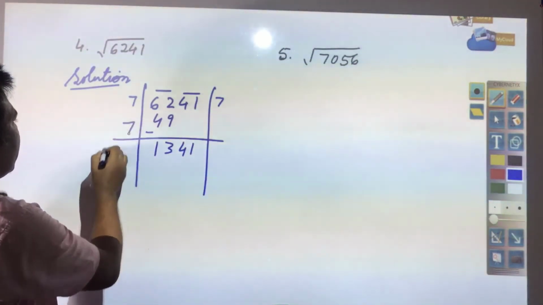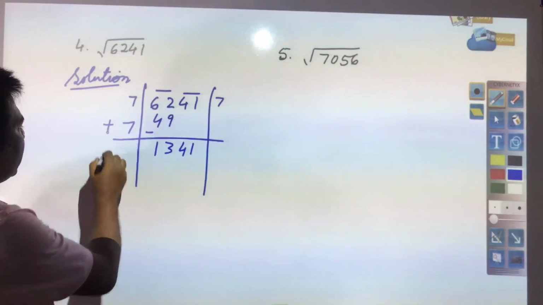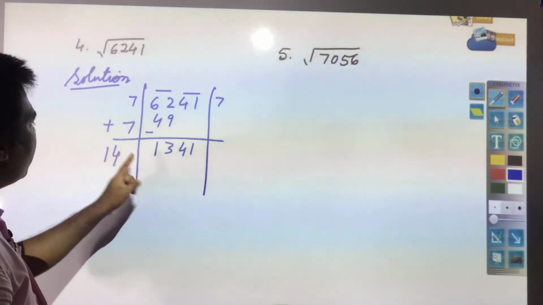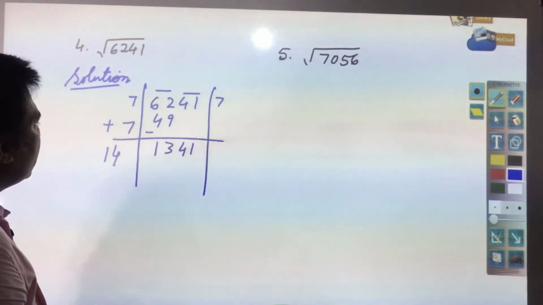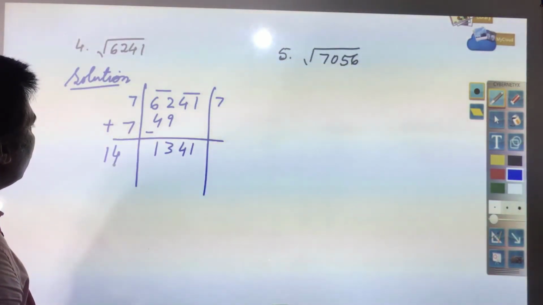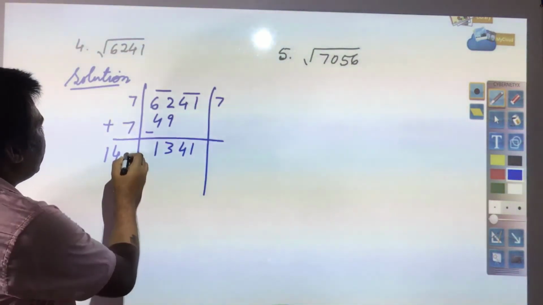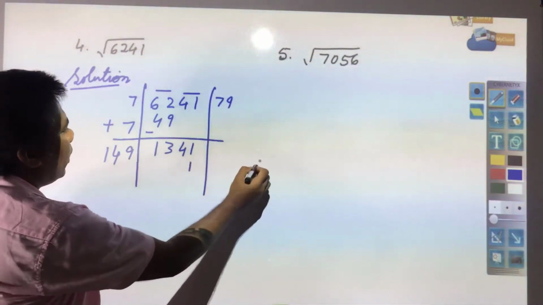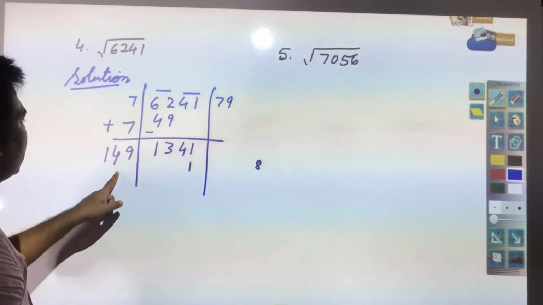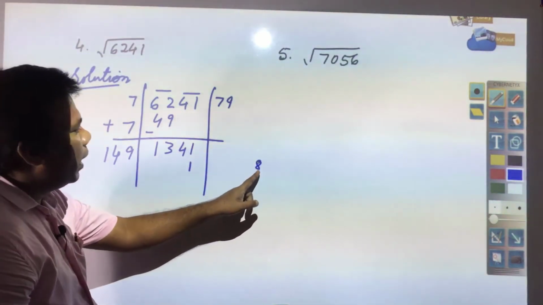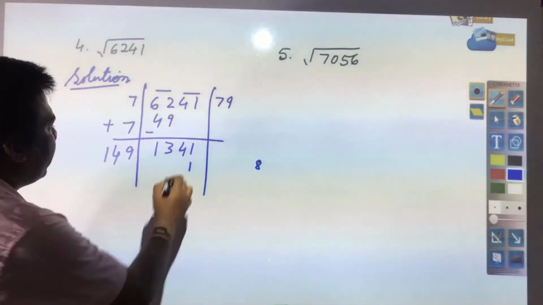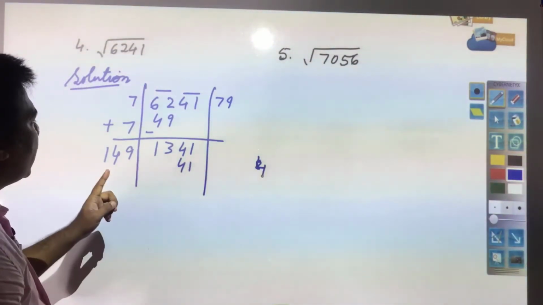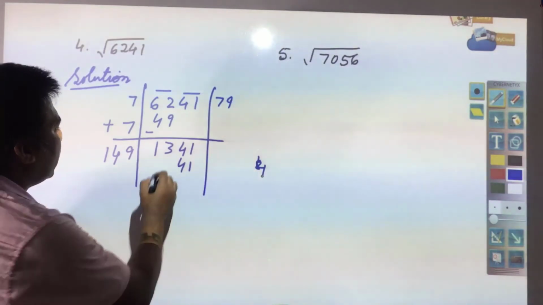7 is required to be written over here, it is required to be added, you will get 14. Now, you see how many times it will go, what number is required to be put over here. So, if 9 times we are taking, it will be 9 9s are 81, 9 4s are 36 and 8, 44, 4 you have, and 9 1s are 9 and 4 is 13, yes.